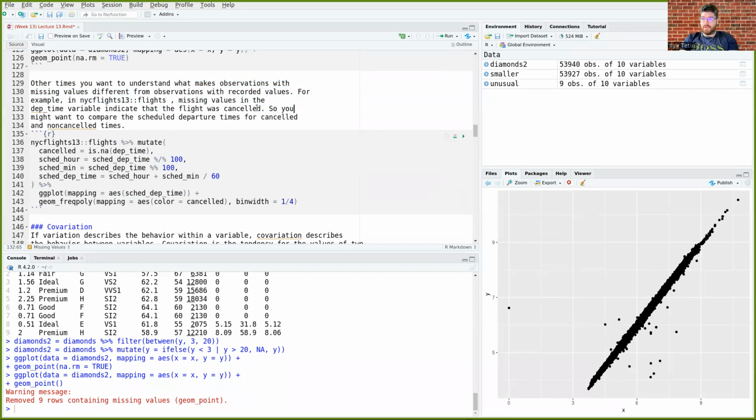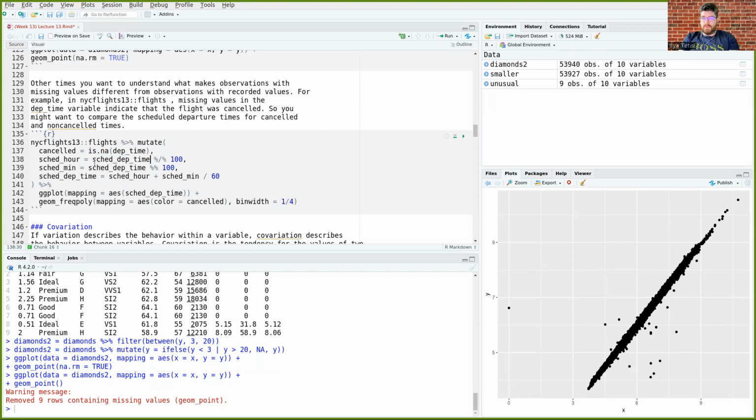For example, we have missing values in the departure time variable, so we might want to compare scheduled times for cancelled and non-cancelled flights. So here, the canceled flights are those flights that have the NA in the departure time, because no departure time means a missing value NA here in our New York flights.